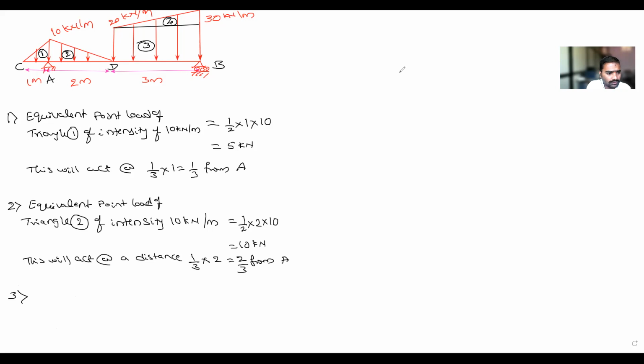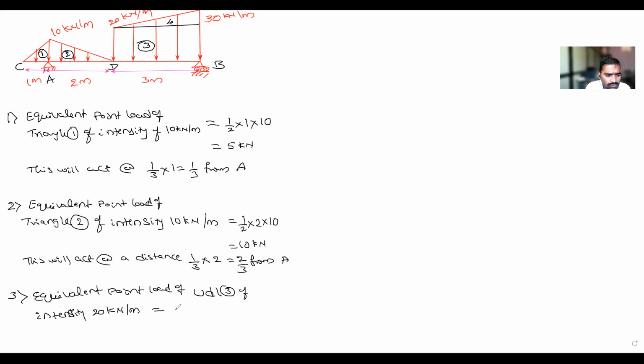Equivalent point load of UDL 3, intensity. What is the intensity of the UDL? 20 kilonewton per meter.